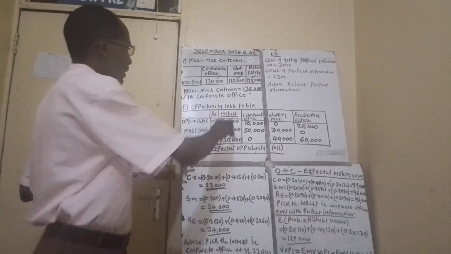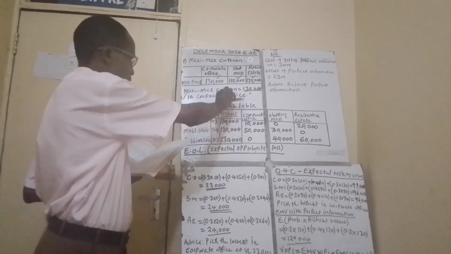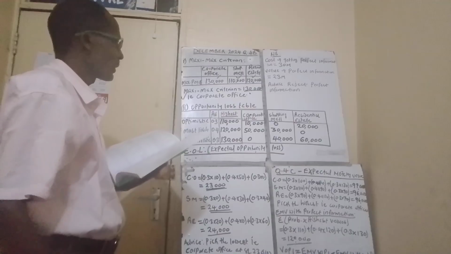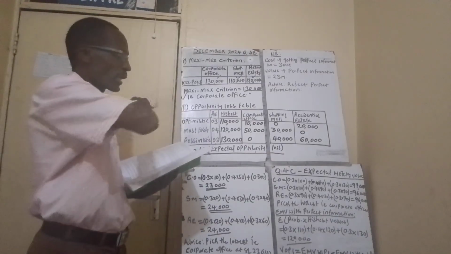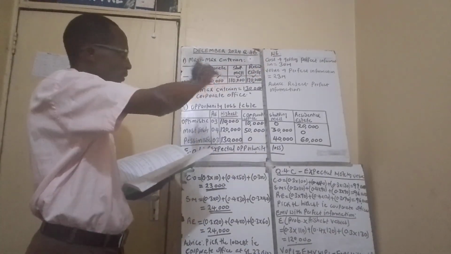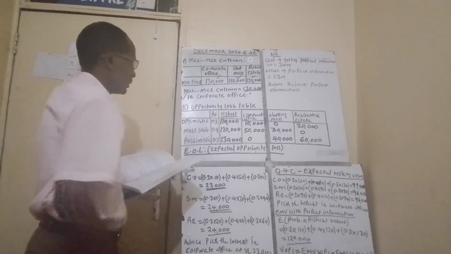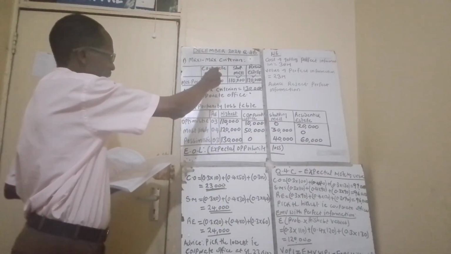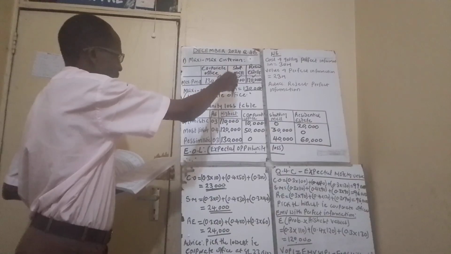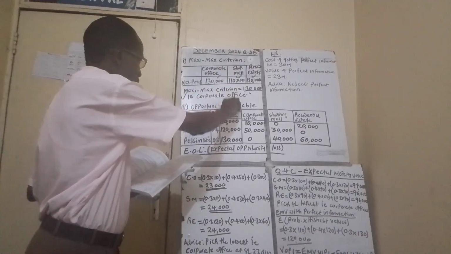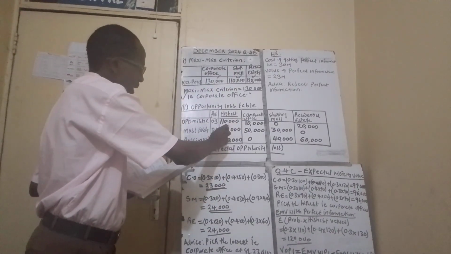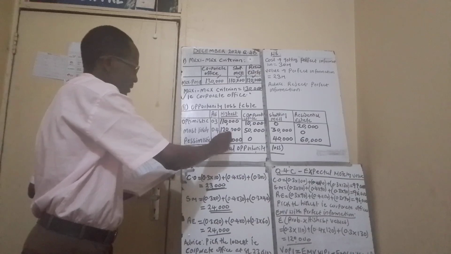Then you have another column whereby you pick the highest number. You go along each row, picking the highest number, and you put it there. Just like these numbers here, 110, 120, 130.